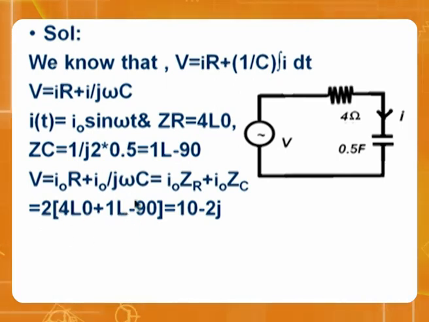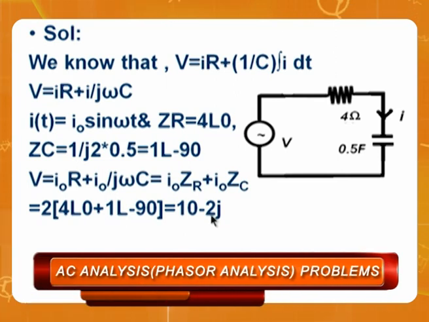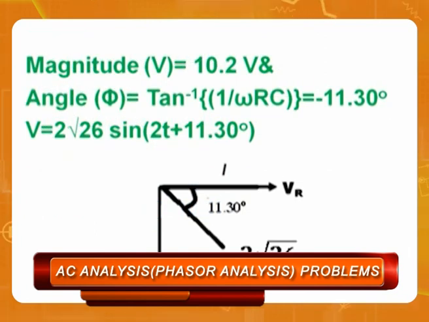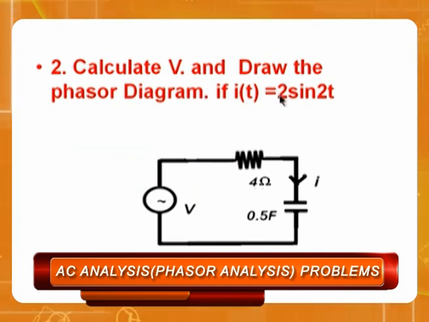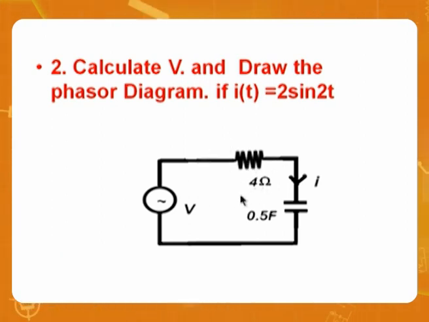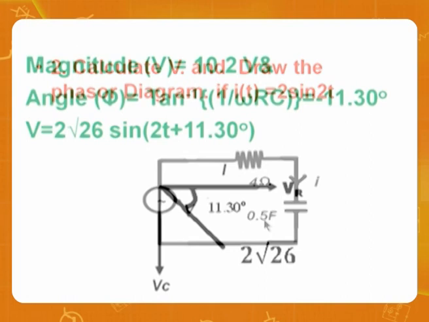If you multiply that, you will understand this total value will come. So this is the answer for the voltage he wanted. Because if you look at these amplitudes, the value is 2, and 2 into 2 is 4. So calculate this one and then calculate this one, and add them vectorially.